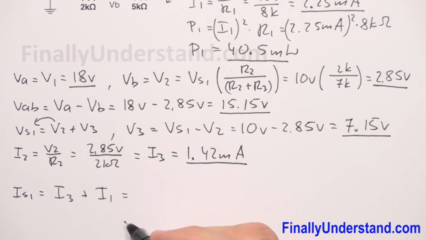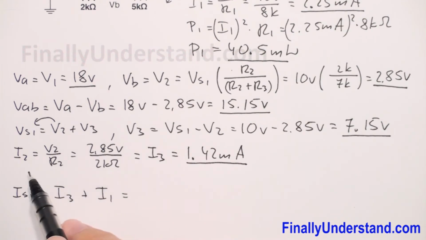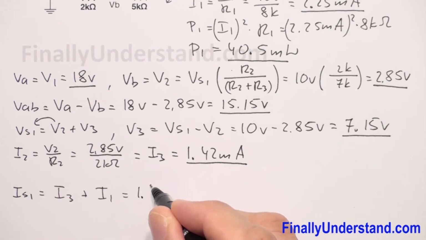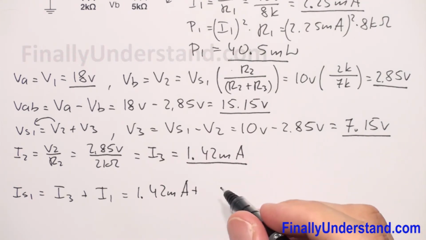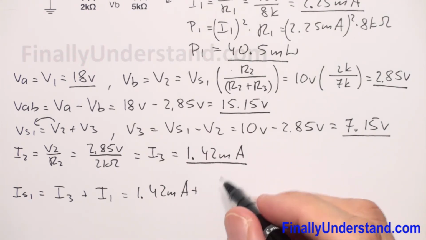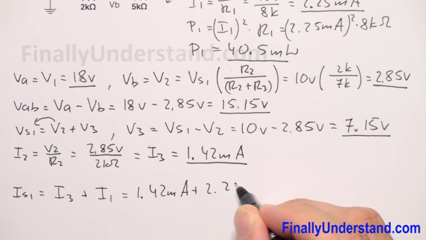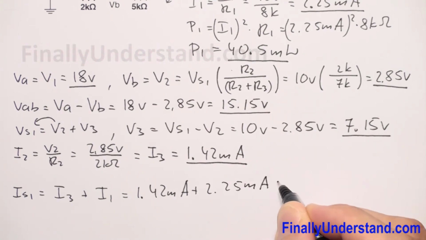So I3 is equal 1.42 milliamps plus I1 we found is equal 2.25 milliamps.